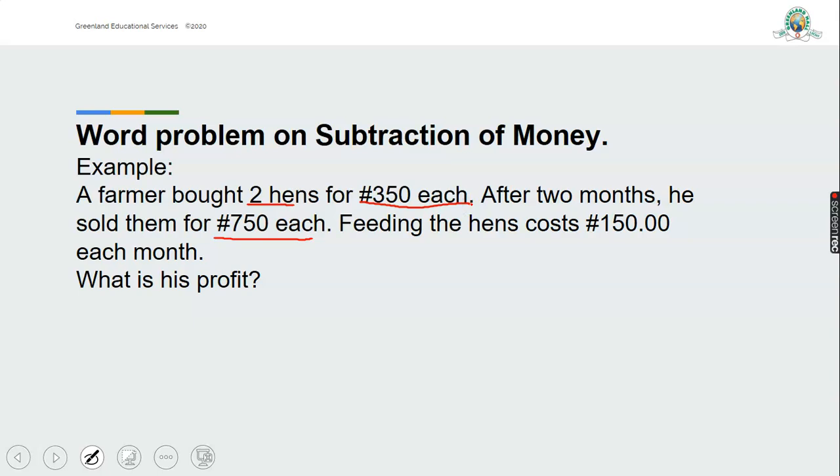He bought them for 350 naira each. Then he also sold them for 750 naira each. Now, feeding the hens cost 150 naira each month. Then the question: what is his profit? We want to know whether he has made more money than he spent on buying those hens.